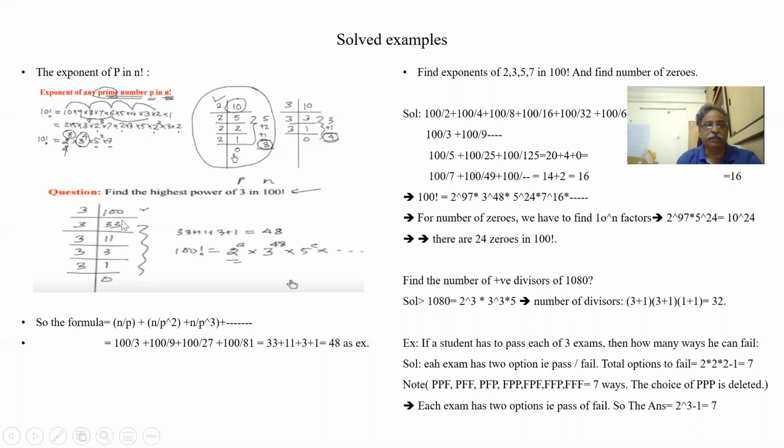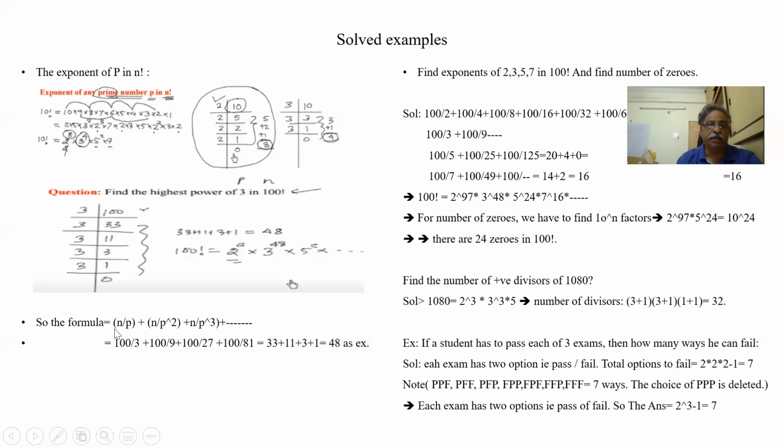Beyond that, it goes beyond 100. So 3 to the power of 4 is 81, one time. When I add all these, I get 48.